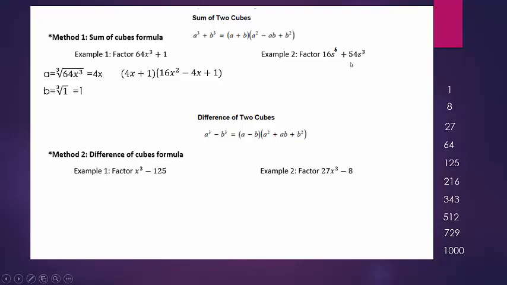So we'll try it again, and this one I really want you to recognize, well, hold on a sec. 16 is not a cube, and neither is 54. But before we even do that, we have to remember step 1 is always factor out the GCF. So I can factor out a 2 and an s cubed from this problem.